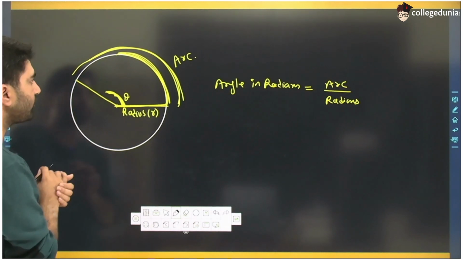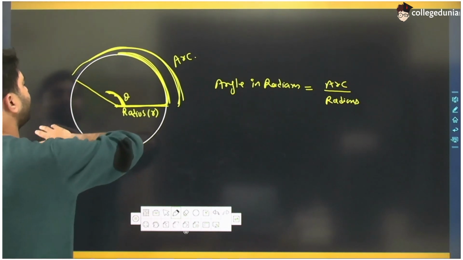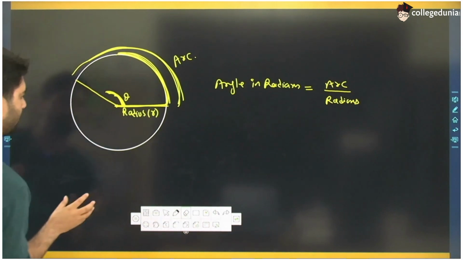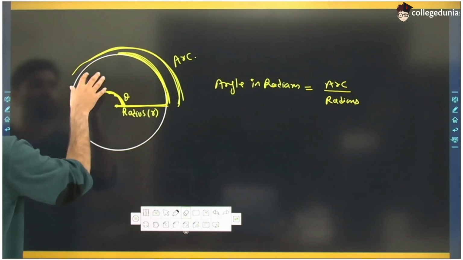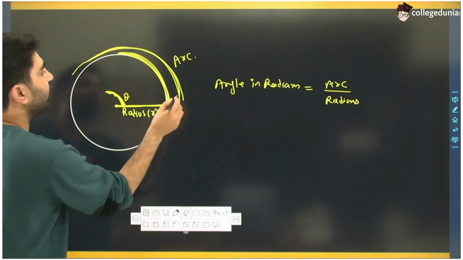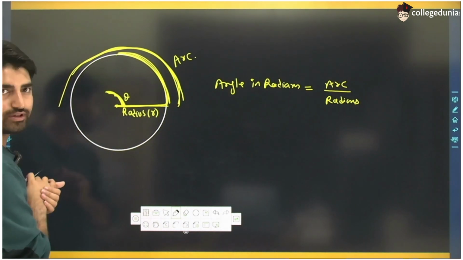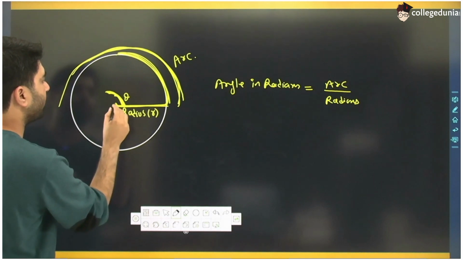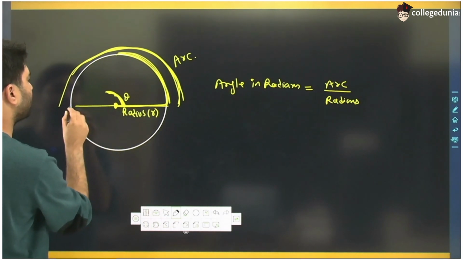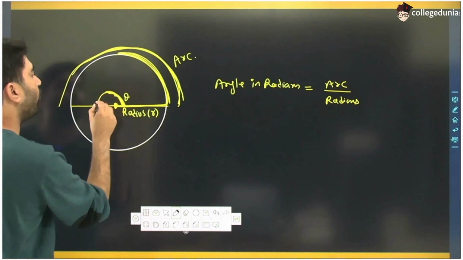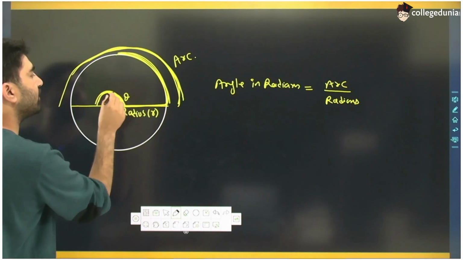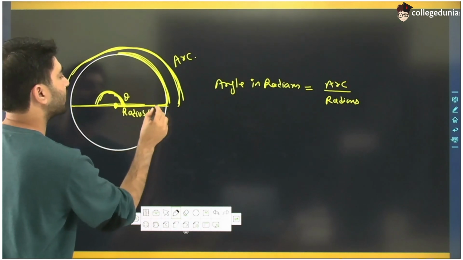Now let's make a semicircle with this arc. As a result, it will give us a 180-degree angle at the center. It will make a straight line.